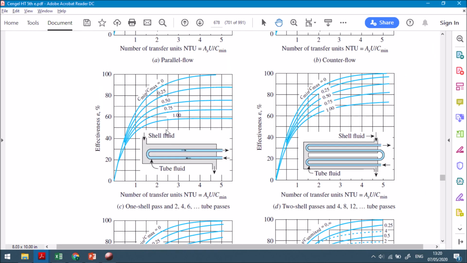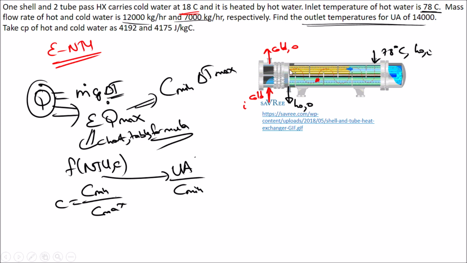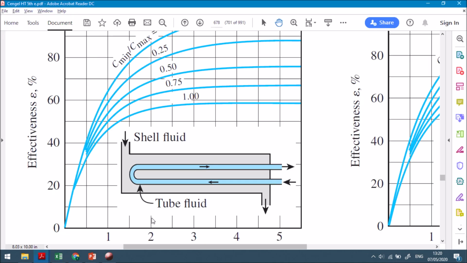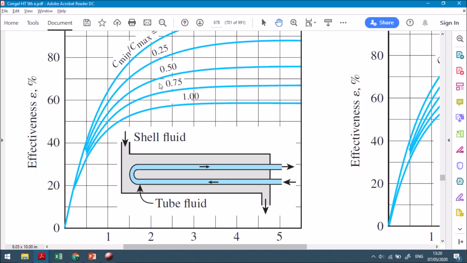This is the chart, and the values are, let's go back, c is 0.58 and NTU is 1.72. The NTU value is somewhere between 1.5 and 2, and the next curve is 0.68, so you will be around here. If you go back in that chart, approximately the value will be 65%.